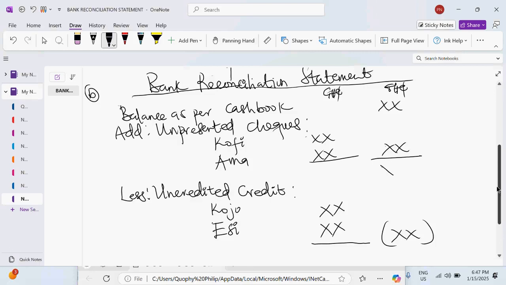So if you add the unpresented checks to the balance and get the total, from this total you less all the uncredited checks.